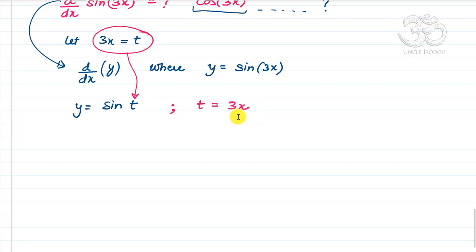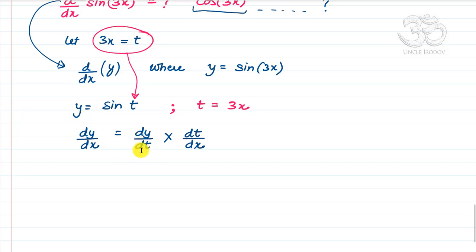So you make a change in x, t changes. And if you make a change in t, then y changes. So if I have to find out dy by dx here, then I have to simply find out the rate at which y changes whenever t changes, and multiply it by the rate at which t changes whenever x changes.